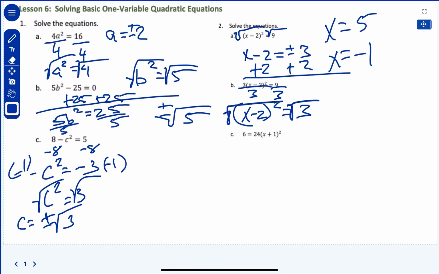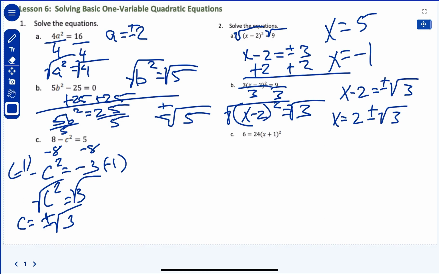So you want to square root this, which leaves you with x minus 2 is equal to plus or minus square root of 3. Now what are you going to do? Yeah, so this is what I want you to leave it as. X equals 2 plus or minus square root of 3. 2 plus the square root of 3 and 2 minus the square root of 3.